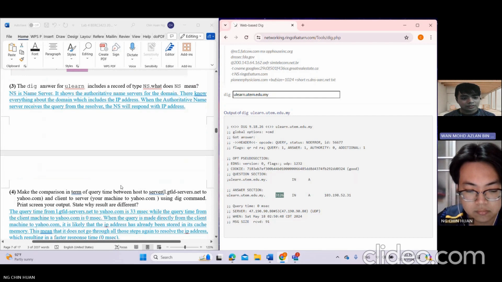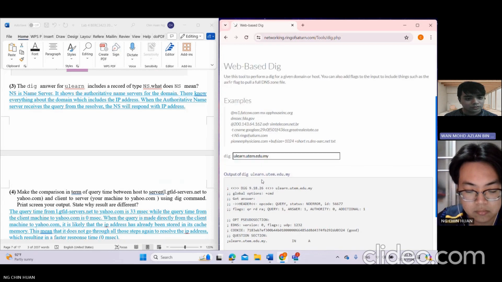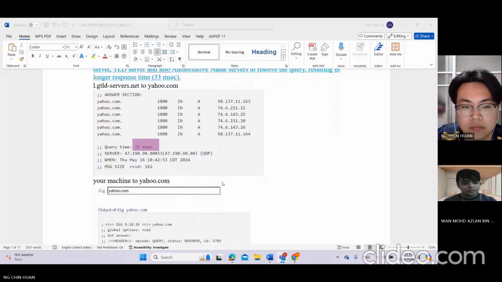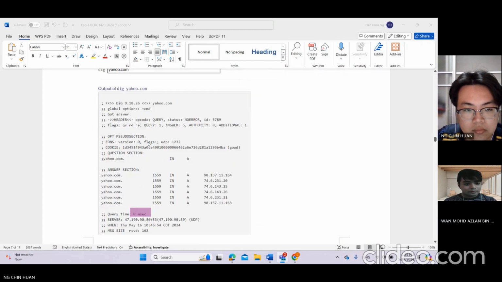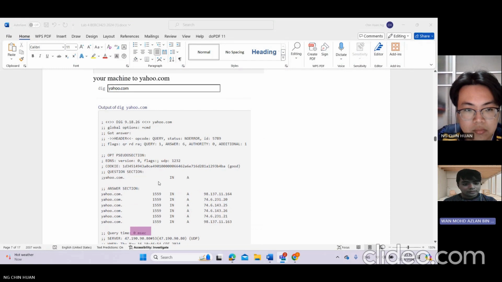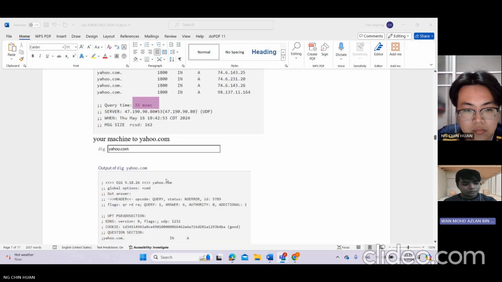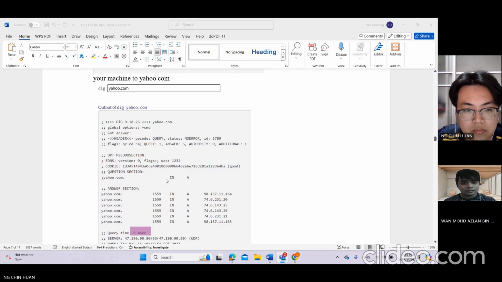For the third question, NS shows the authoritative name server for the domain, which knows everything about the domain, including the IP address. For the next question, first we look at the query time between client and server, which is 33 milliseconds, which is longer than the query time from the client machine to yahoo.com, which is 0 milliseconds.